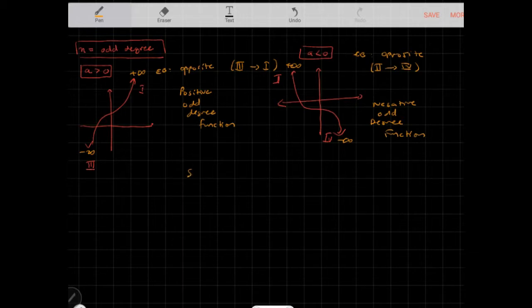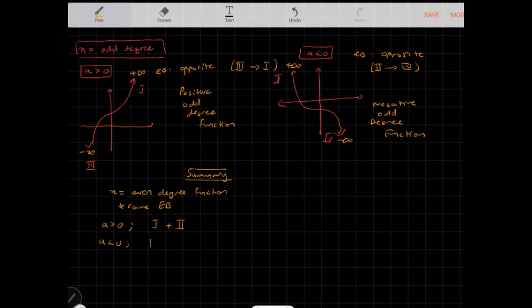So to recap, the degree can tell us a few things about the characteristics of functions. If it's an even degree function, you're going to have the same end behaviors. If it's a positive even degree function, you'll have the end behaviors in quadrants 1 and 2.